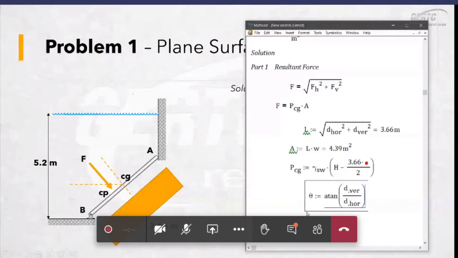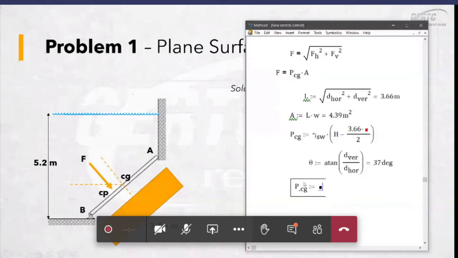That would be unit weight of the seawater multiplied by H minus half, that is 3.66 times sine of theta over 2. Sorry, dili ni siya 3, L ni siya dapat.